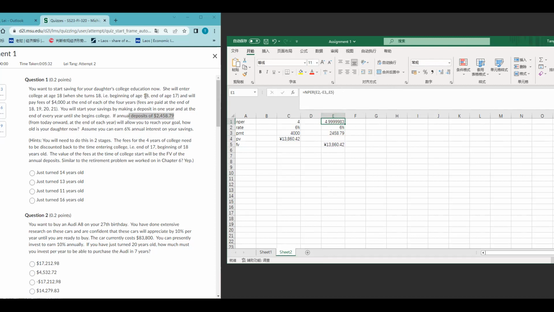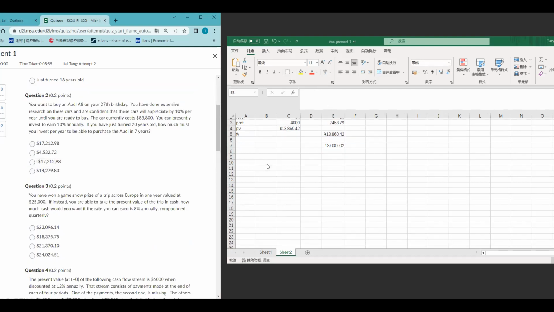And right now it's the beginning of age 18. So we use 18 minus 5. So the answer is 13. So we choose this one.